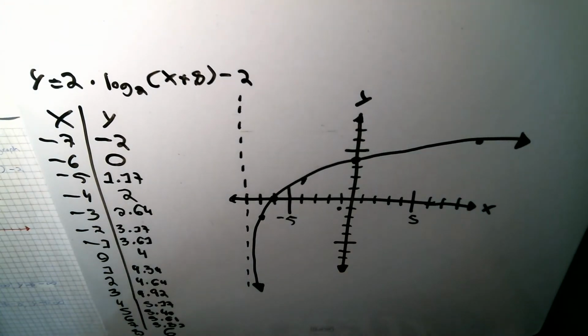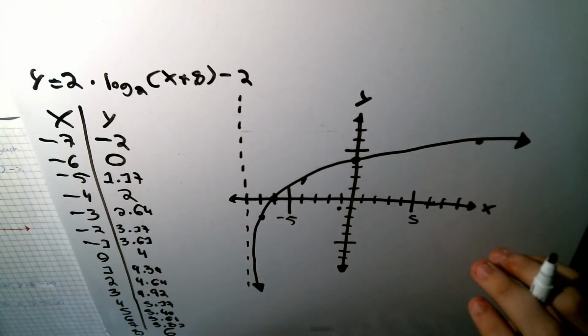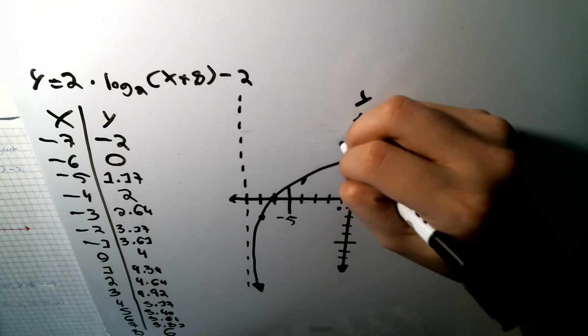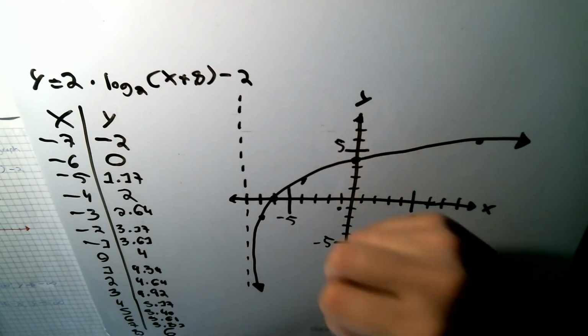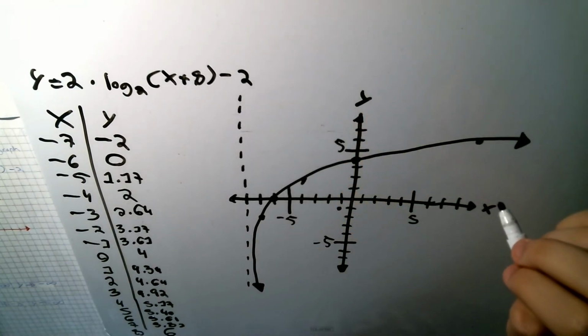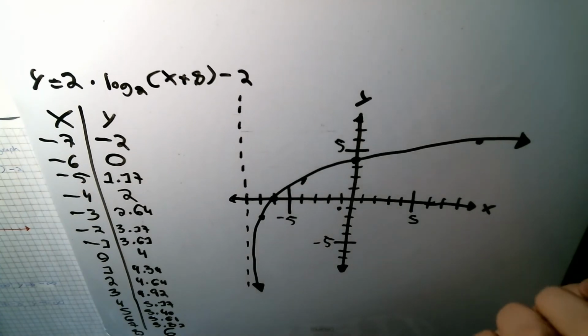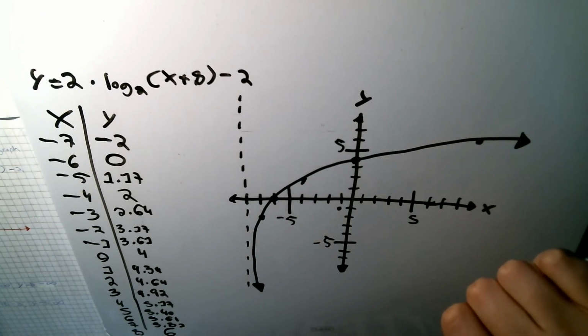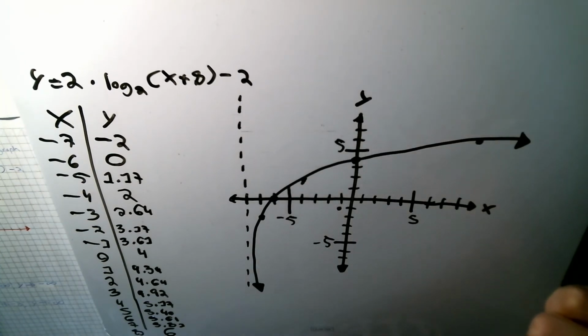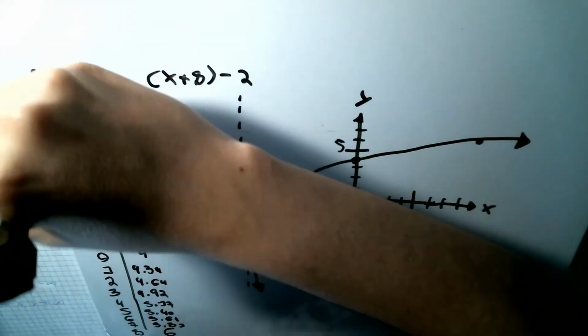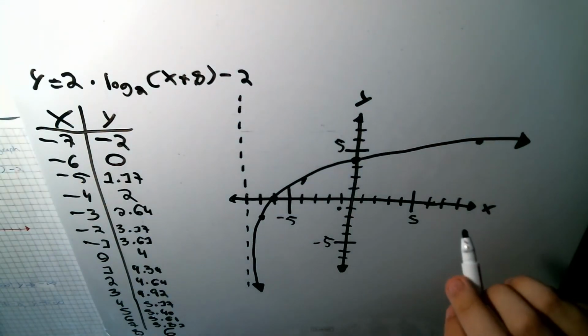And this is the graph. Oh, here is 5 and minus 5, sorry. It is pretty similar to the sketch we drew before, so yeah, it is pretty good.